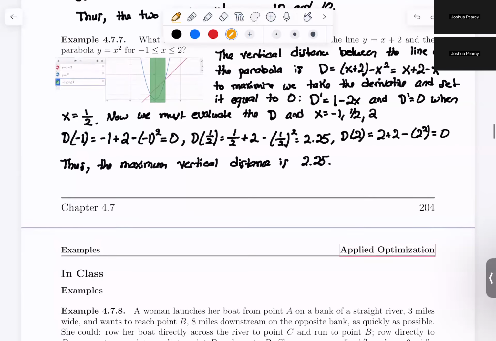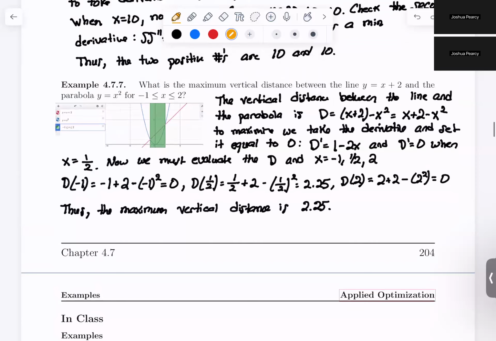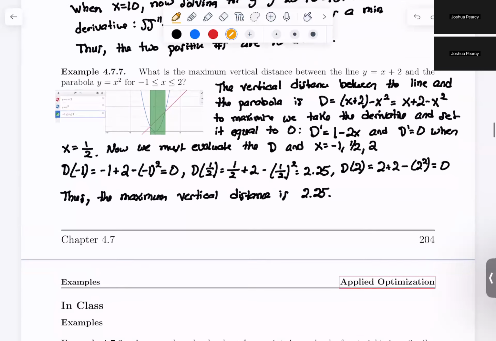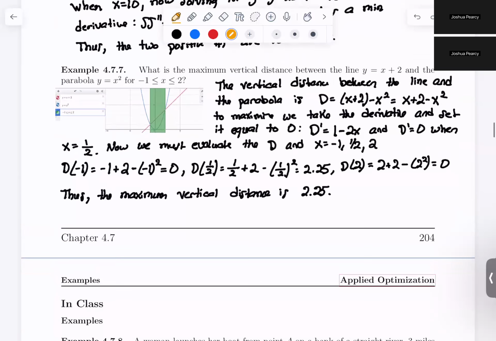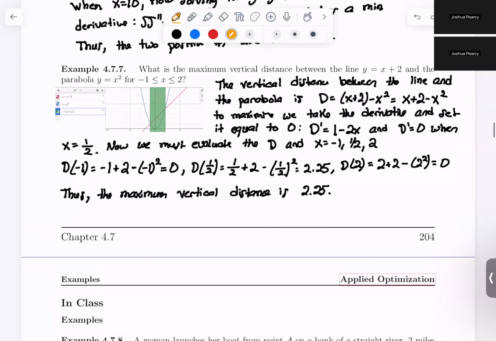So now, this is where we have to think a little more, because this is on just the interval minus 1 to 2. So what we need to do is evaluate the actual distance at the endpoints negative 1 and 2, and we also need to evaluate it at the critical point x equals a half. So that's what I did here. I found the distance at the point minus 1, and if I do that, it's 0.